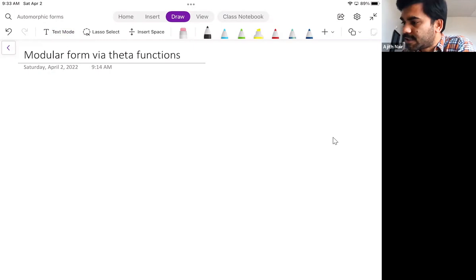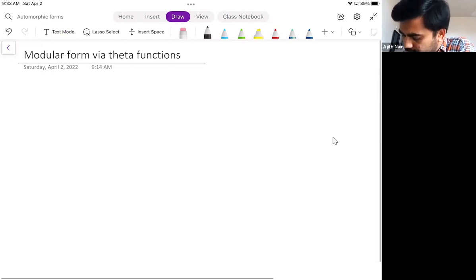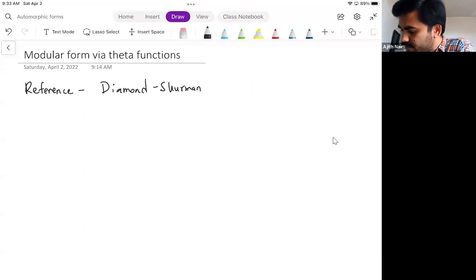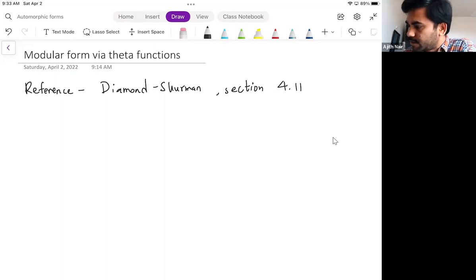My reference for this topic is Diamond and Shurman's book on modular forms, section 4.11. This is called modular forms via theta functions.